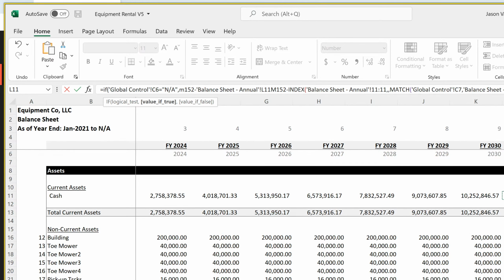This plus cap table D3. Otherwise, do the other. Okay, that worked.